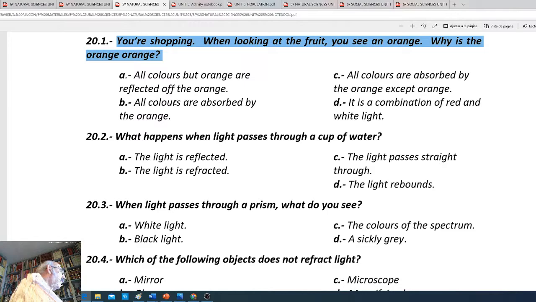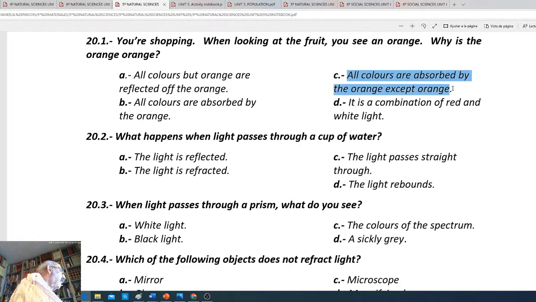So impossible. C, all colors are absorbed by the orange except orange that is reflected. And yes, that's the reason this is the correct answer. Okay, we see an orange because all the rest of colors are absorbed by the orange, and orange is reflected.